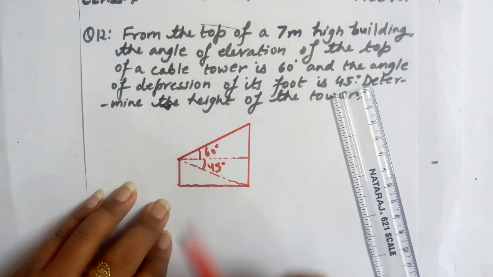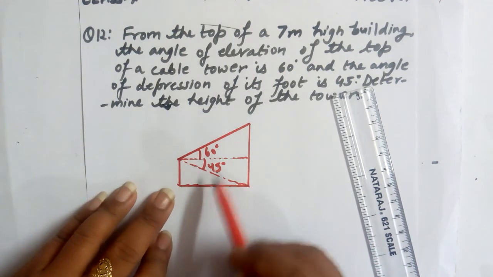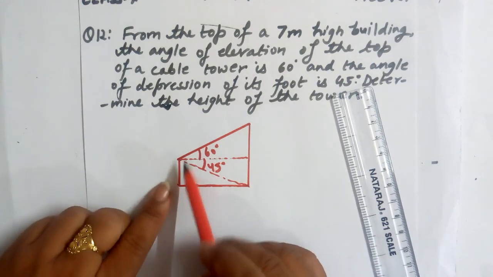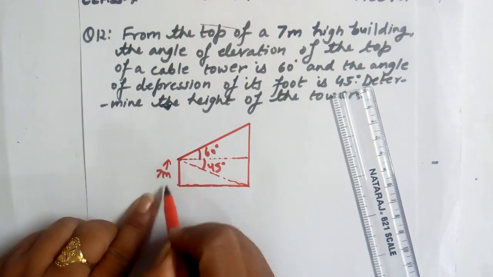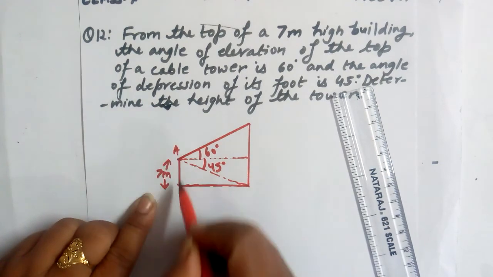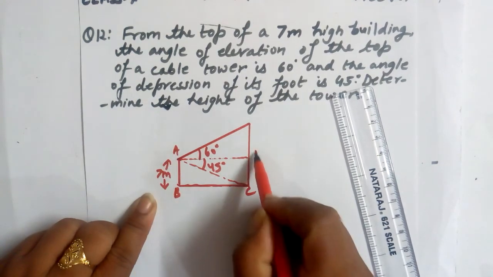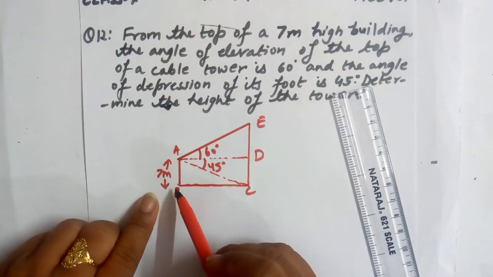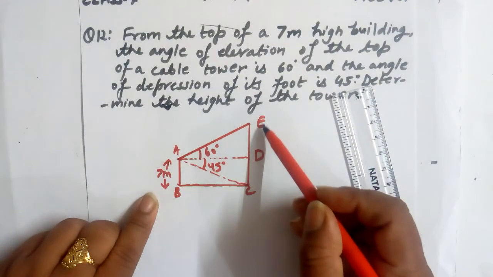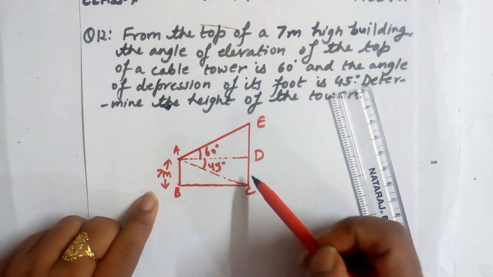Let's understand this figure again. From the top of a 7-meter high building, this is the building, yes, A, B, C, D and E, yes. So AB is the building, okay, and EC is the cable tower, okay.